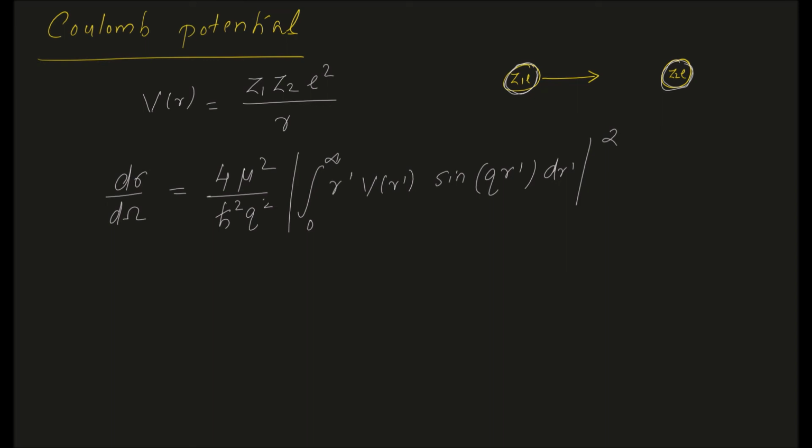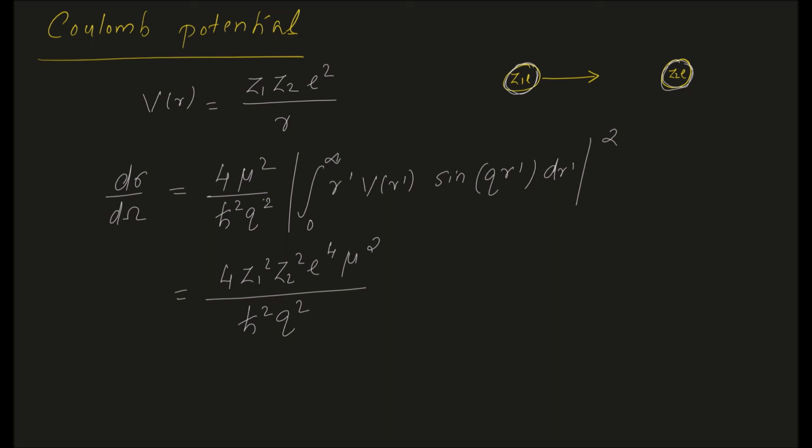For this particular case, if we substitute for the potentials, then we can write it as Z1 square Z2 square e raised to 4 mu square divided by h cross square q square, where mu is the reduced mass of these two systems.